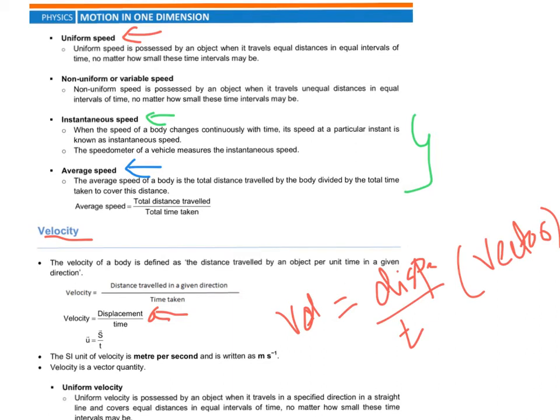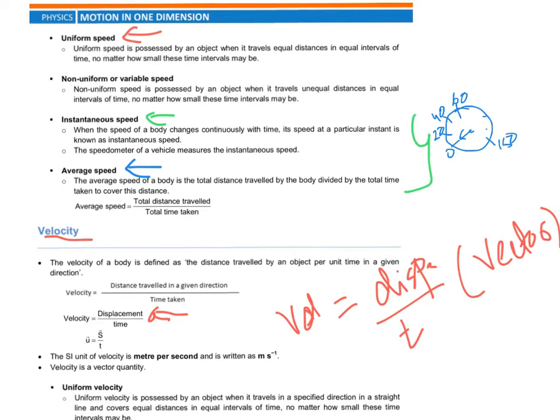For example, you are traveling by a car, and we have the speedometer of this car, where you have 0, 20, 40, 50, 60, till maybe 150. At any moment we can see that speed.